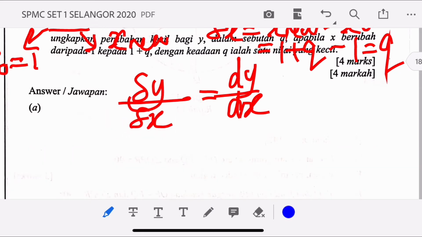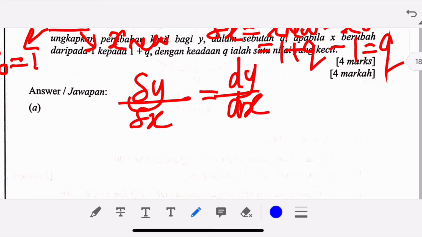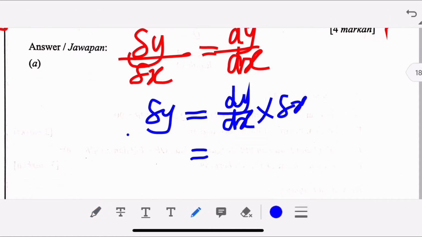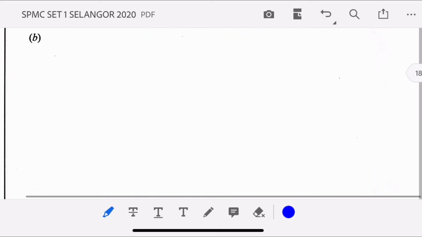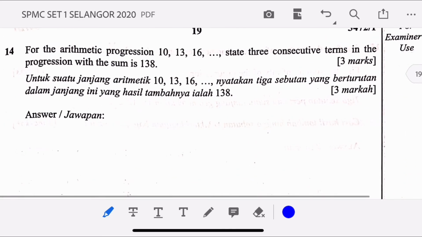So delta y is equal to dy/dx times delta x. We have the delta x, which is q. We have dy/dx, which is 12. So the answer is just 12 times q for the delta y. So it's very simple, right? Okay, we have completed number 13.